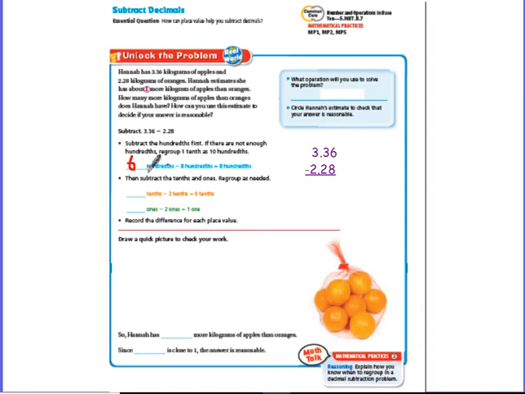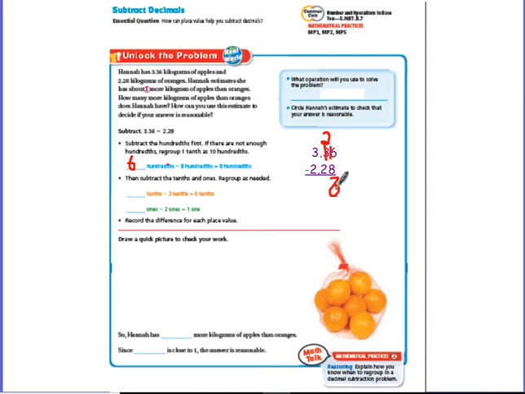Can I do that? No, I have to regroup. I have to borrow from my neighbor, and I borrowed a tenth and gave it to my hundredths, so now I have 16 hundredths.